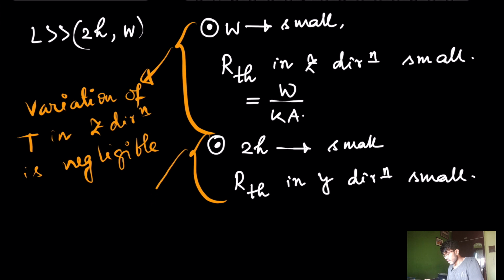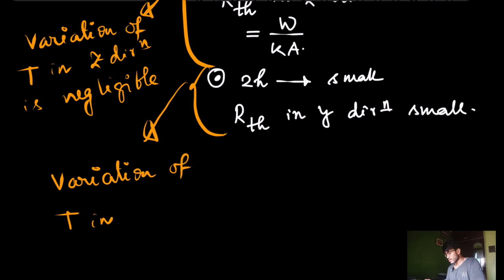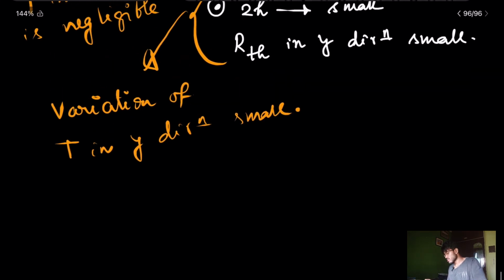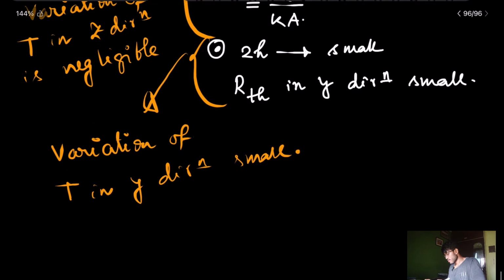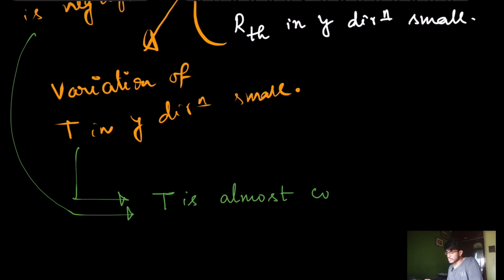And from this I can say the variation of T in Y direction is small. That means from these two arguments, T is almost constant in the YZ plane, right?